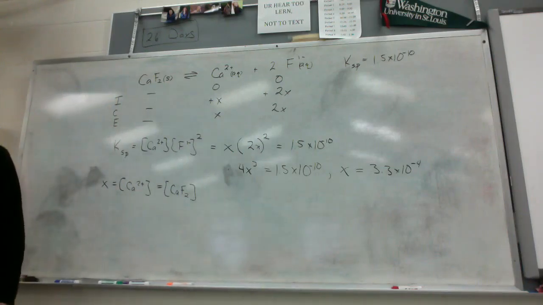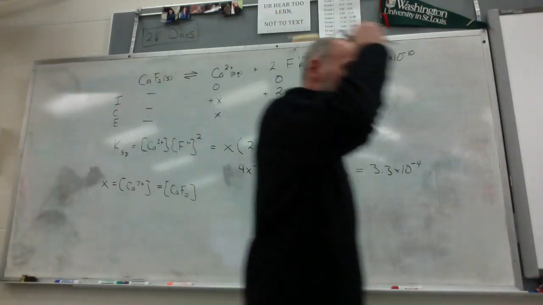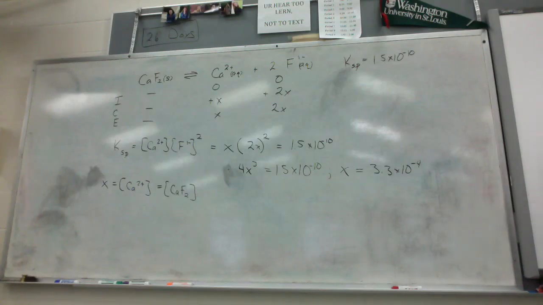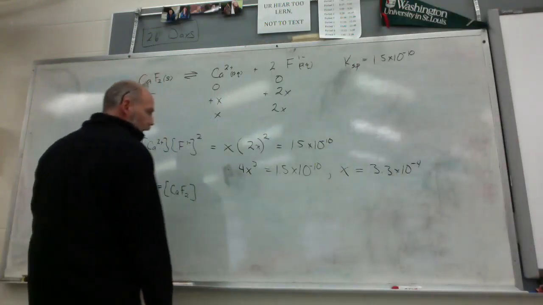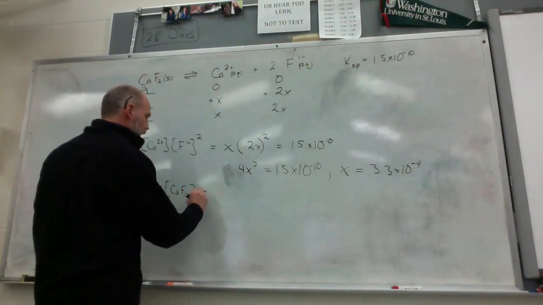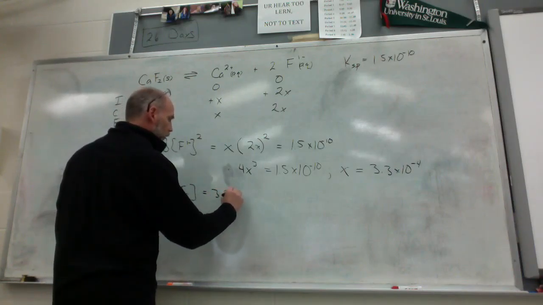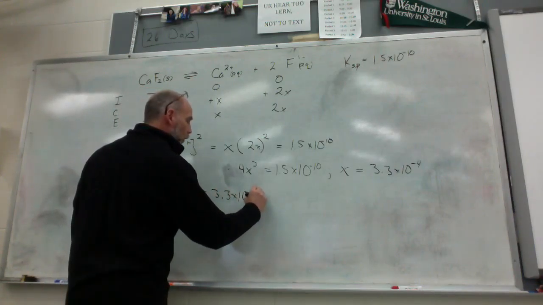Does that make any sense? Okay, that's key, because what are we trying to find? We're trying to find the molar solubility of the calcium fluoride. We're determining the molar solubility of the calcium, and because of the stoichiometry, it's the same thing as the calcium fluoride. So anyway, that turns out to be 3.3 times 10 to the negative 4th molar.